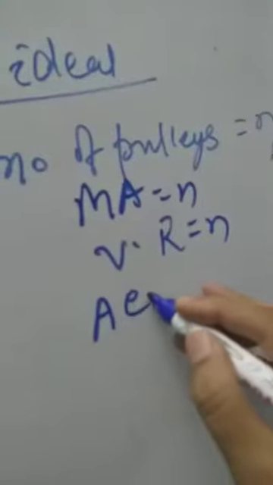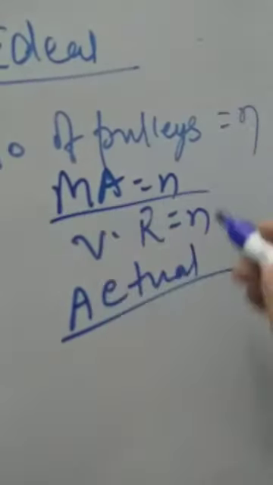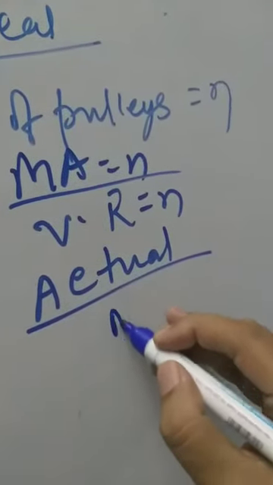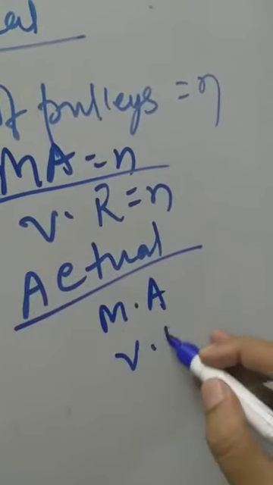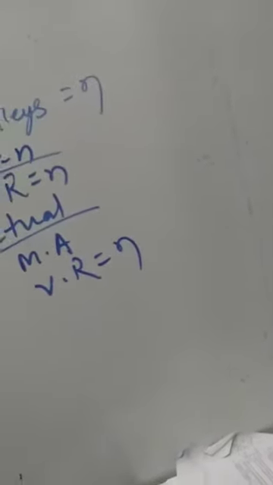But in actual case, you cannot be sure that mechanical advantage is n. So in actual case, mechanical advantage may not be n, but velocity ratio will definitely be n. Velocity ratio will not change.